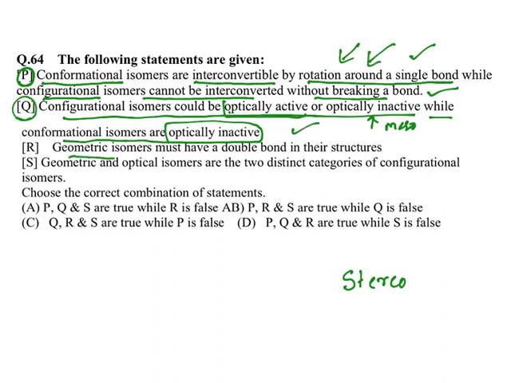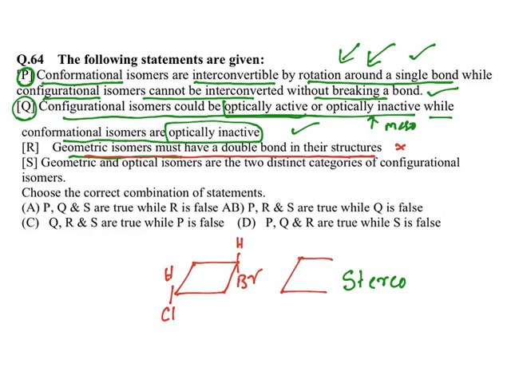Moving to the next one, geometric isomers must have a double bond in their structure. Need not be. Look at compounds like this. You have cyclobutane compounds like these. Two isomers are like this, HCl whereas PiH. Look at them.